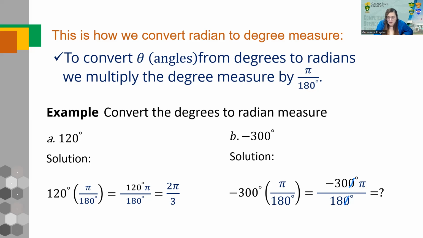The greatest common factor of 30 and 18 is 6. So 30 divided by 6 is 5, and 18 divided by 6 is 3. So that is negative 5 pi over 3.